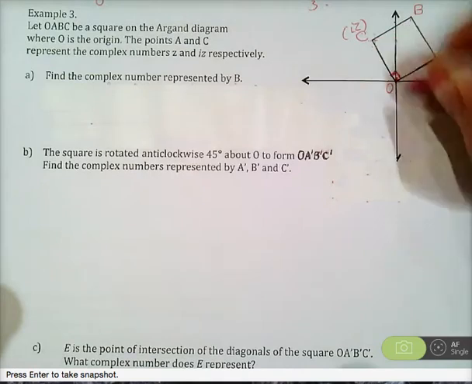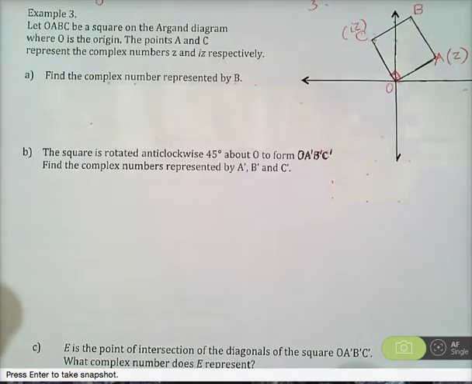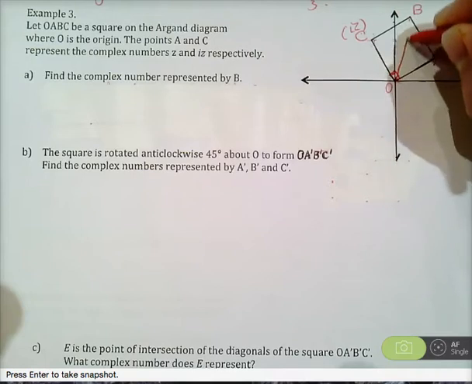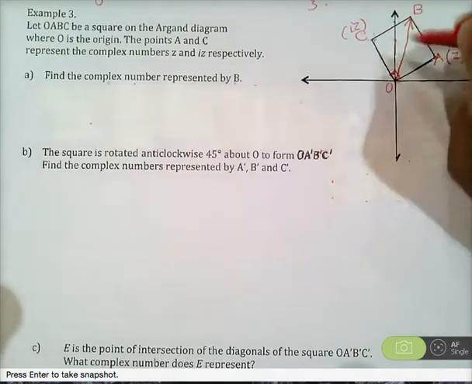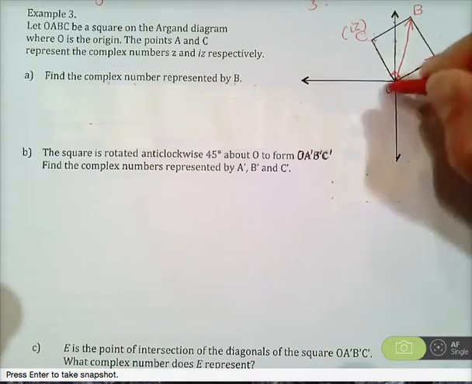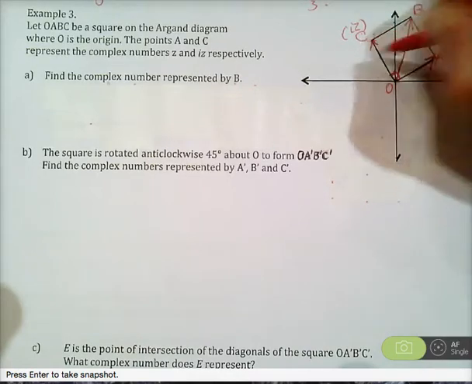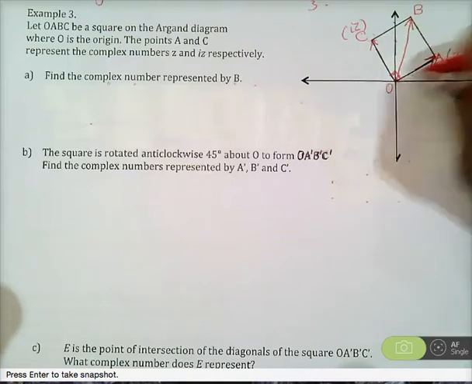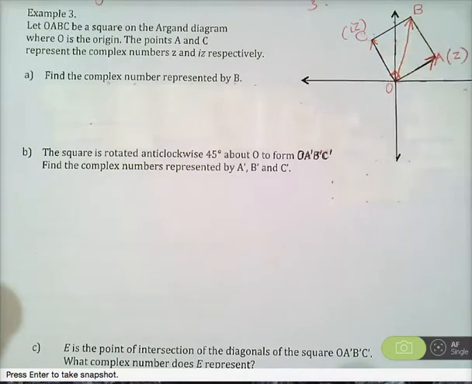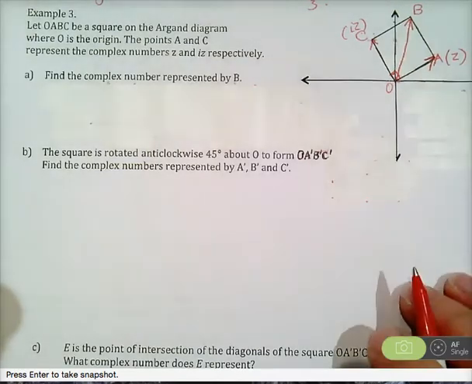Now remember that a square is also a parallelogram, because a square has 4 equal sides, but it also has opposite sides parallel. So the complex number represented by B will just be, remember, if we've got this vector here, OA plus OC is OB, using the parallelogram method of addition.